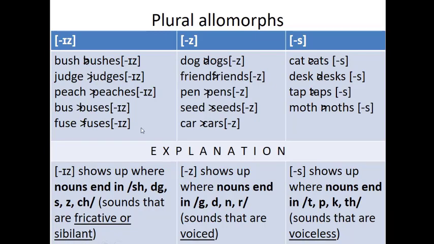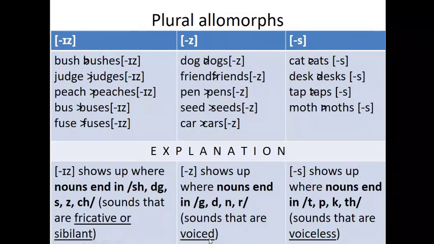What about the s in dogs, friends? It sounds like a z at the end. Why the z at the end in the plural? So you explain it by saying these are nouns that end in g, d, n, r. So what are they? They are voiced.